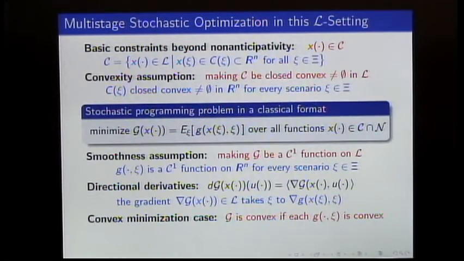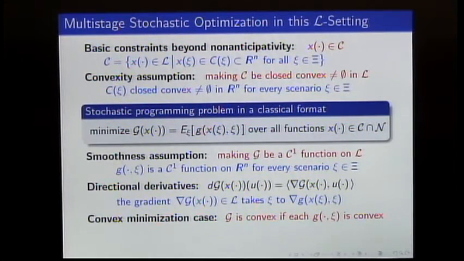All right, now let's get into multistage stochastic optimization, which will be the model for multistage stochastic variational inequalities. So non-anticipativity is critical, but now we want some other constraints. There could be many constraints, and I'll get to even more complicated ones towards the end, but right now I just want to look at certain basic constraints which are just scenario by scenario.